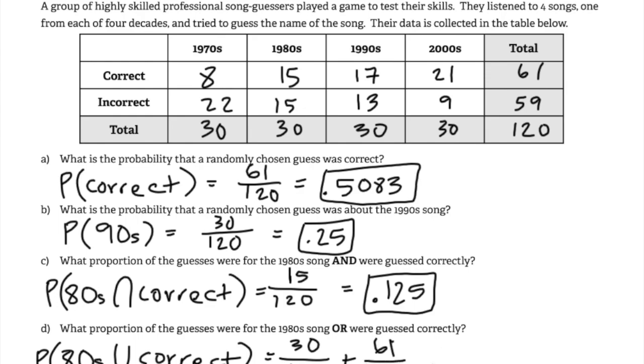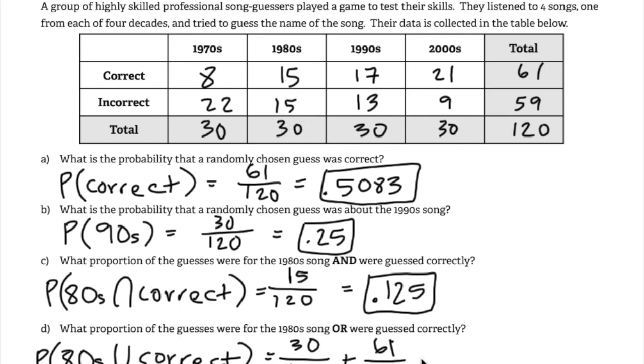And that's how we would do it, except that we need to realize that if we leave it here, 30 out of 120 plus 61 out of 120, these 15 people are being counted in both totals. And we don't need them to be counted twice. That's not fair. It doesn't accurately represent what's happening. We can't count them twice.